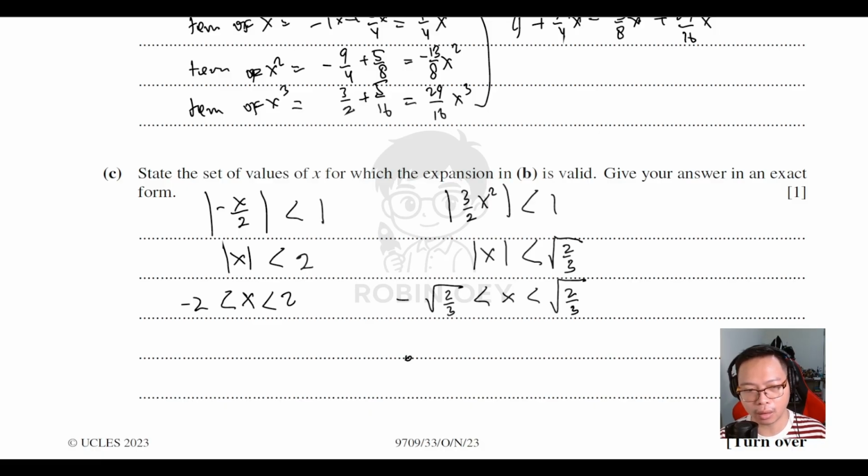Okay, so if we draw it here, we have 4 points. Negative 2, 2, square root of 2 over 3, that is around 0.8, so I just put 0.8 here and negative 0.8 here.